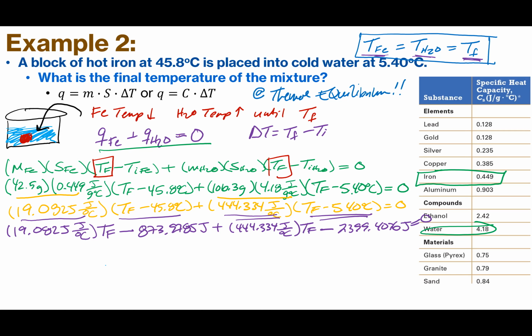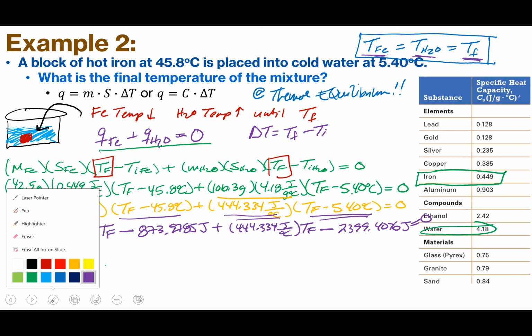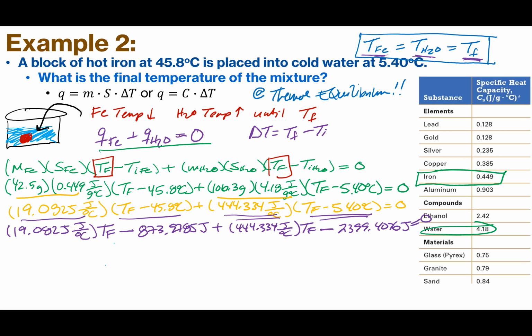Next, we're going to combine our like terms together. Remember doing that in the algebra class? We're going to do that here. These have T final in them, and these ones don't. So that's what we're going to combine together.